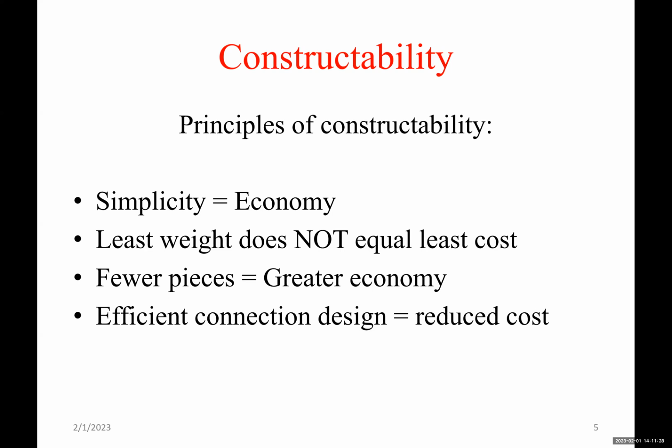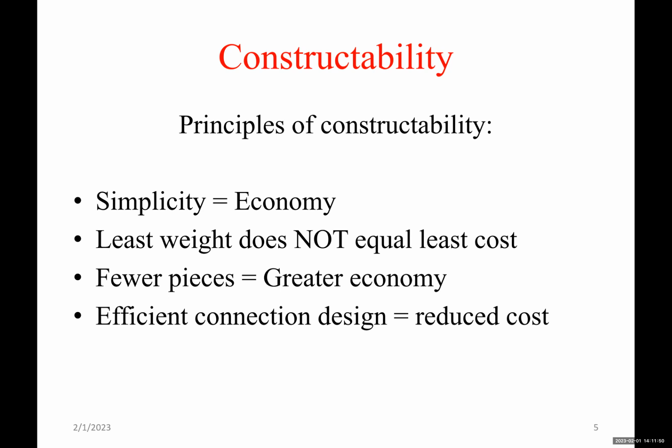Fewer pieces, greater economy. This is on the same point also. The fewer the pieces of steel on the job, the greater the economy of the structure is. Efficient connection design means reduced cost.